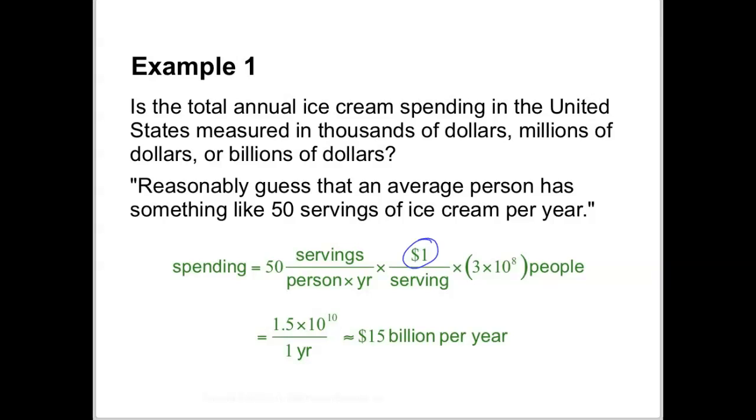But if you buy just a gallon or a big tub from Costco, it's going to cost way less than $1 for one serving, like 15 cents or something like that. So if we average those out, about $1 per serving, and then the population of the United States, we're estimating to be 300 million, which is 3 times 10 to the 8th.